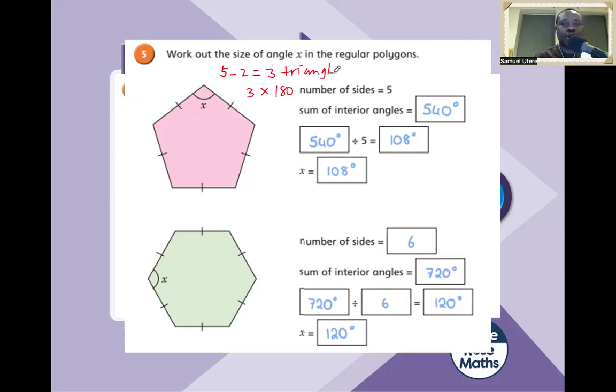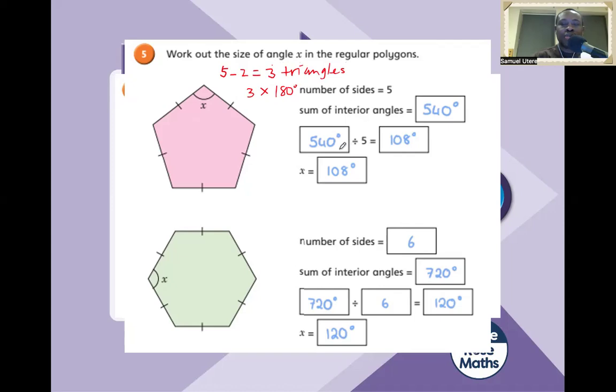And you know the sum of the angles in a triangle is 180 degrees. So if this shape is made up of 3 triangles, all the angles in here will be 3 times 180 degrees. And you can see the calculation here.